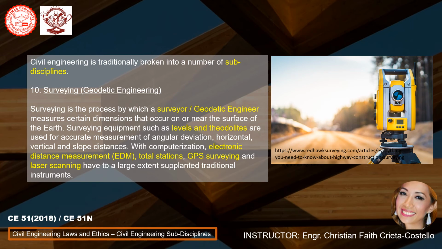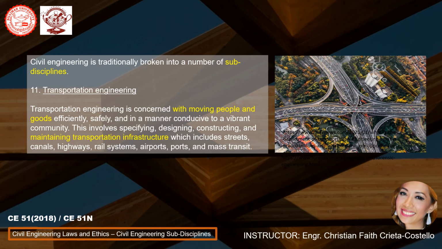With computerization, electronic distance measurement or EDM, total stations, GPS surveying, and laser scanning have to a large extent supplanted traditional instruments. And this new technological advancement is also giving more accurate readings compared to the traditional instruments of surveying.